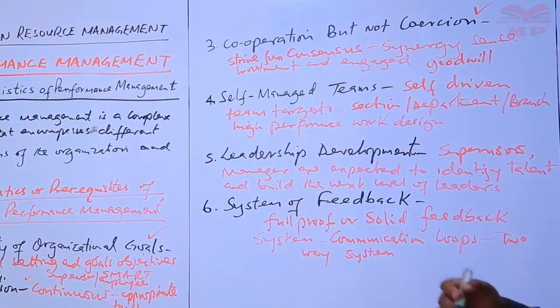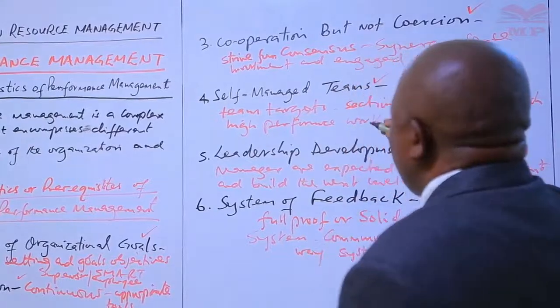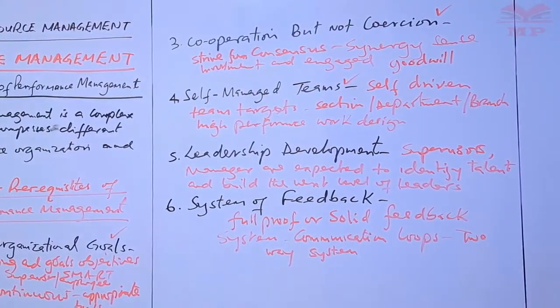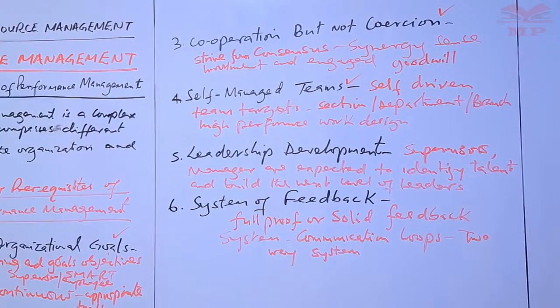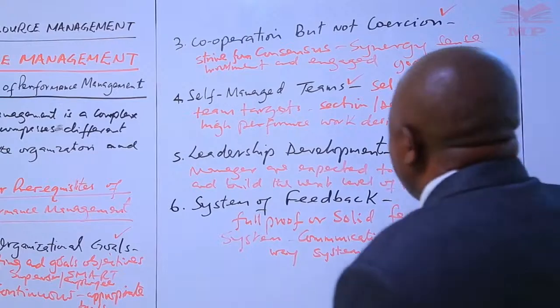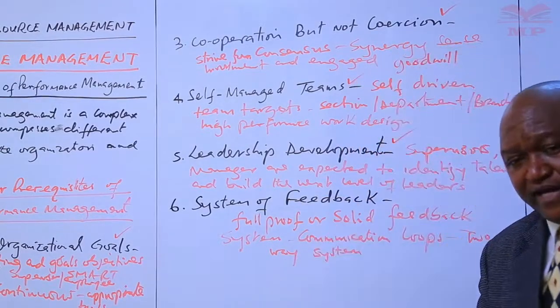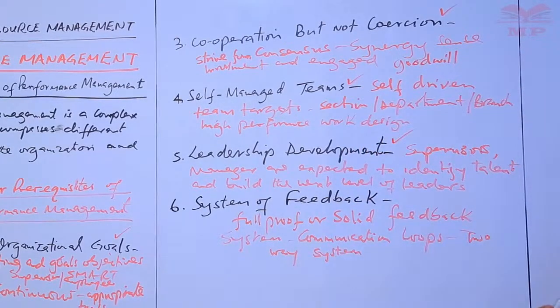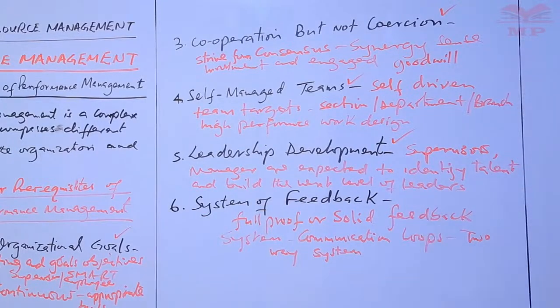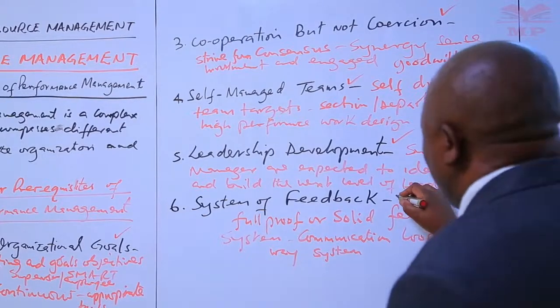And number four, there should be self-managed teams, and here teams should be encouraged to be self-driven with team targets to work together in terms of creating high-performance work design. Number five, leadership development, where supervisors and the organization in terms of its management should be able to at least spot talent and build the next level of managers to empower them. Then number six, system of feedback.